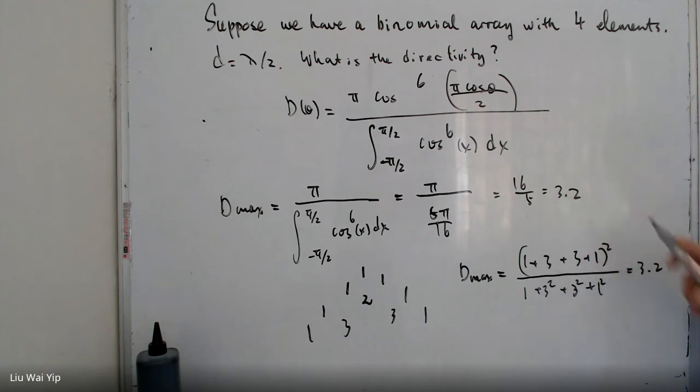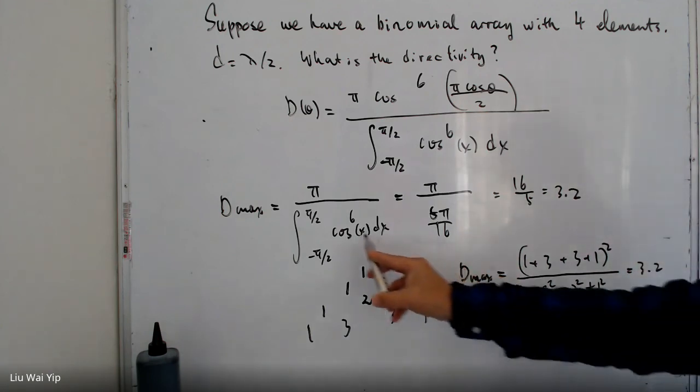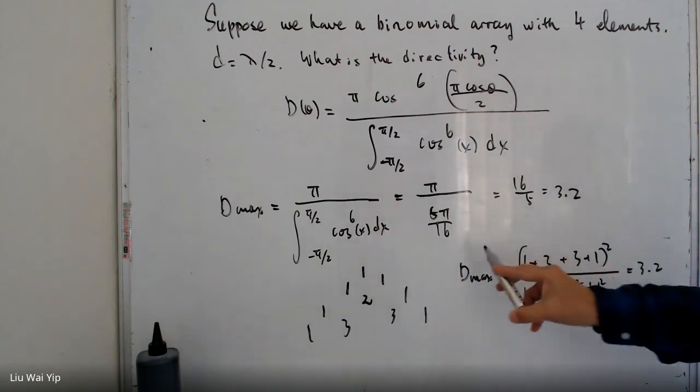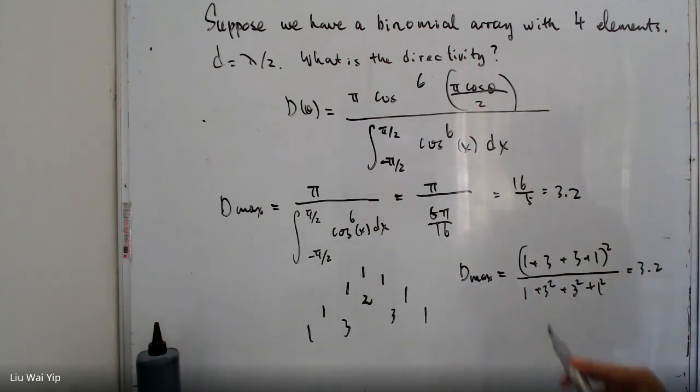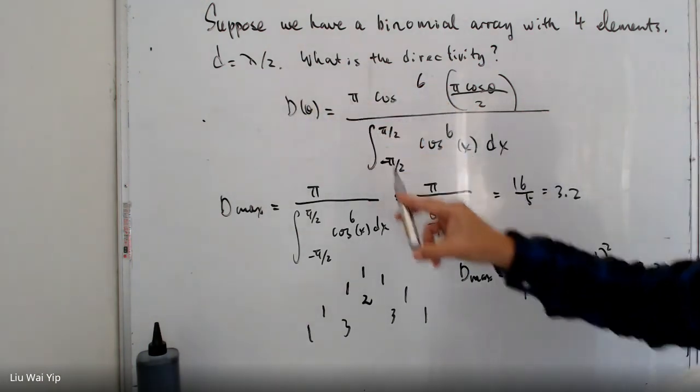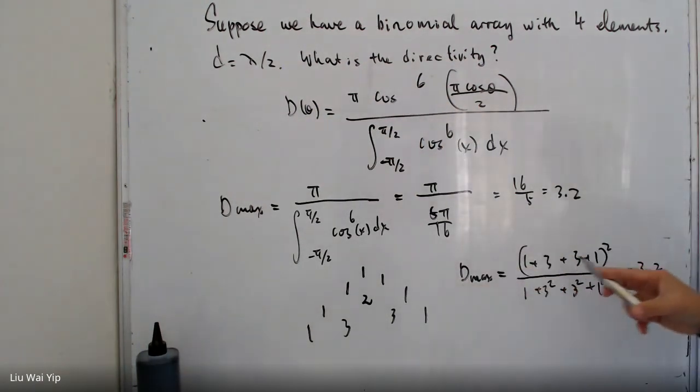It's completely consistent. So we don't really need to use the resolve function to get the value of Dmax. But if d is not equal to lambda divided by 2, then you cannot use this way.